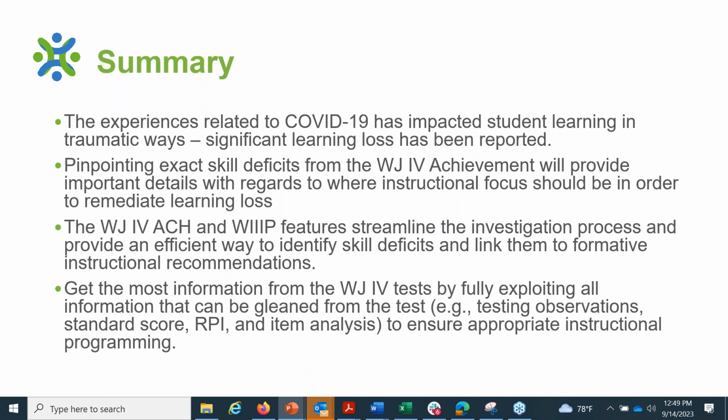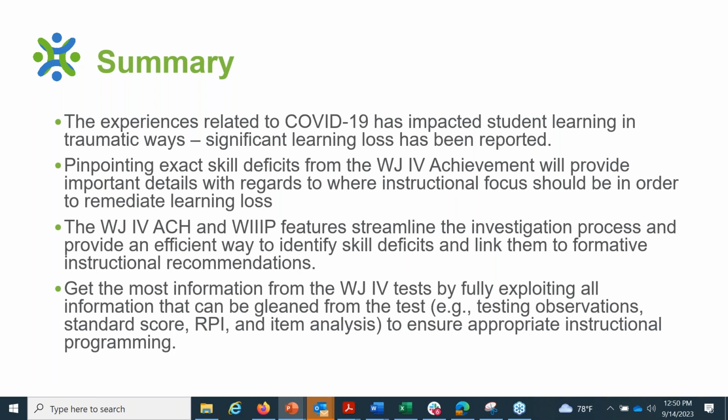So I know we're all overwhelmed with the responsibilities that we have. We know that our kiddos are struggling with specific skills, and a lot of the struggles are coming from experiences related to the COVID-19 shutdown, and it's impacted our students' learning in traumatic ways. And again, there's significant learning loss that's been reported.